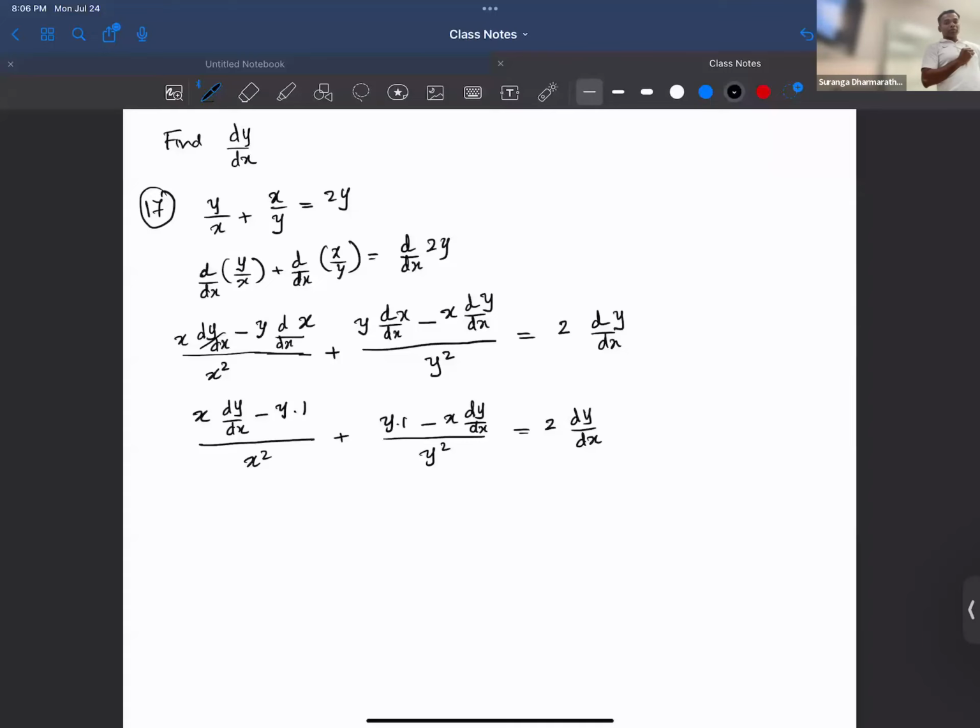I should be able to solve for dy over dx. I can take all the dy over dx terms to one side.